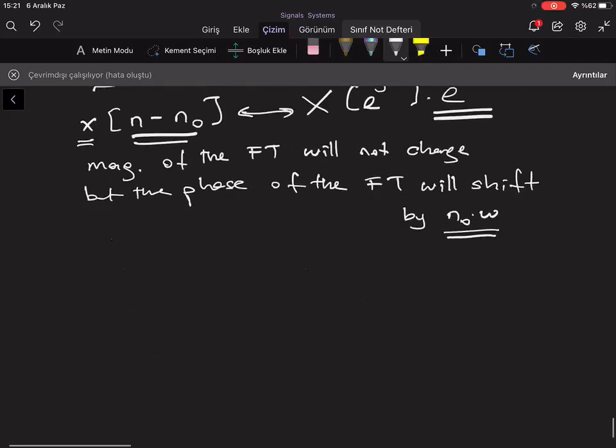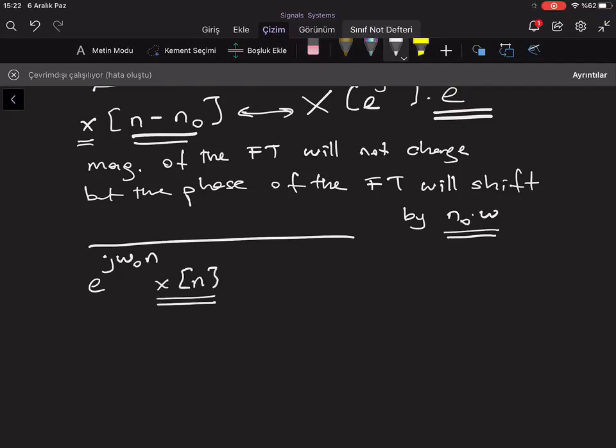Another property is that if there is a change like this in our signal, if my x[n] is this, and I'm multiplying it with e^(jω0n), then there is a shift in frequency domain of ω0.